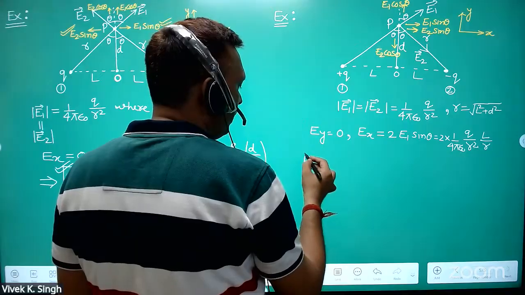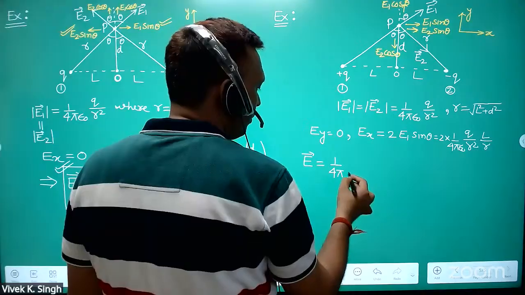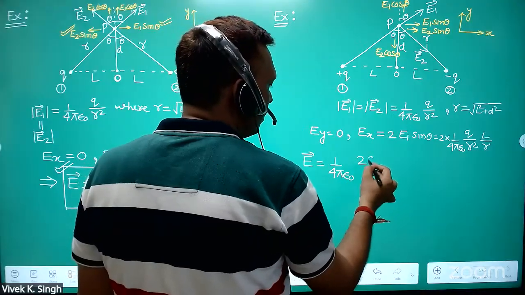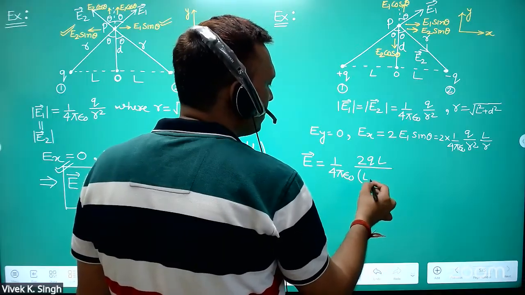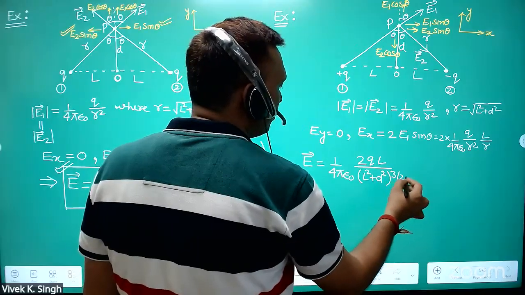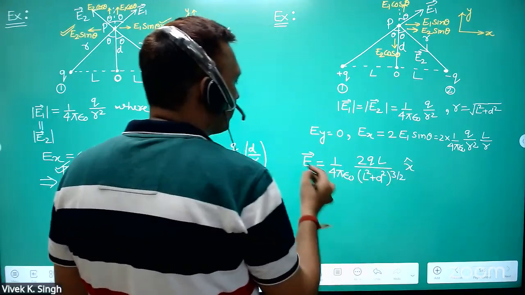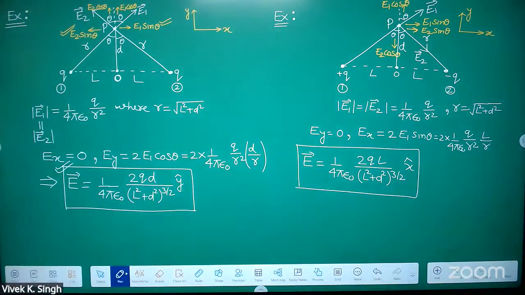So the resultant field E will be given by 1 by 4 pi epsilon naught 2QL by R cube, and R cube is L square plus D square power 3 by 2. The direction will be X cap. This is the field. Is it clear? Yes, sir.